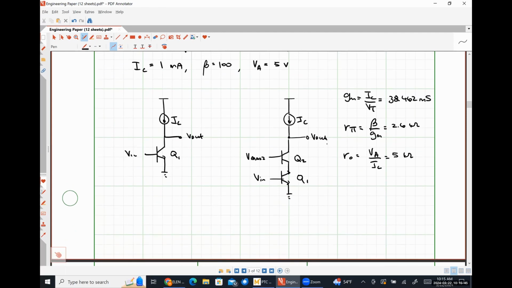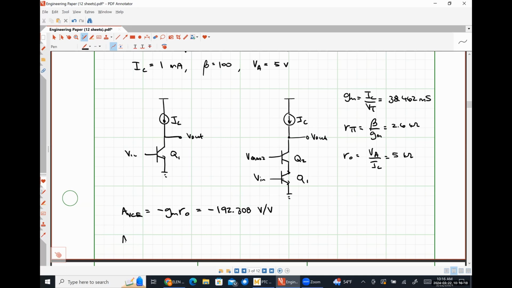Our voltage gain for our common emitter amplifier, so I'm just saying AvCE, is simply negative gm ro, which would be negative 192.308 volts per volt based on these parameters. Pretty respectable gain, almost 200.